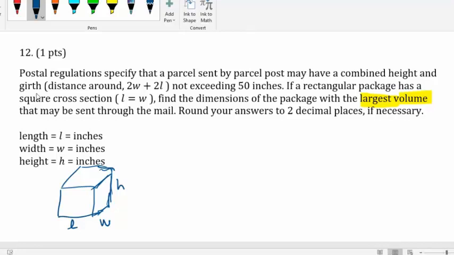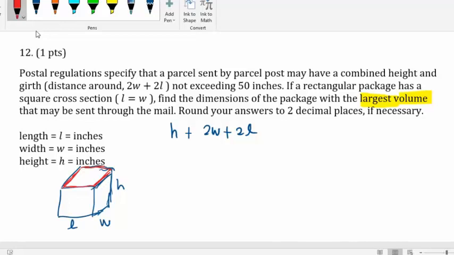Okay, so let's make that into an equation. H plus 2W plus 2L. If you think about where that 2W plus 2L is on my box, that's just the perimeter of one of the bases.